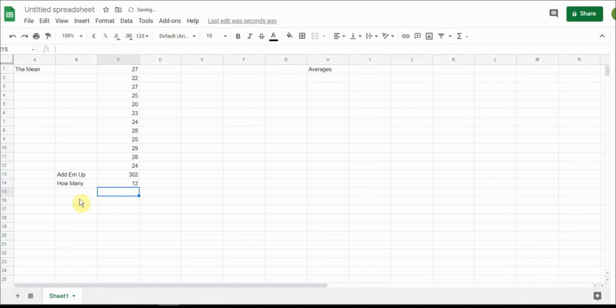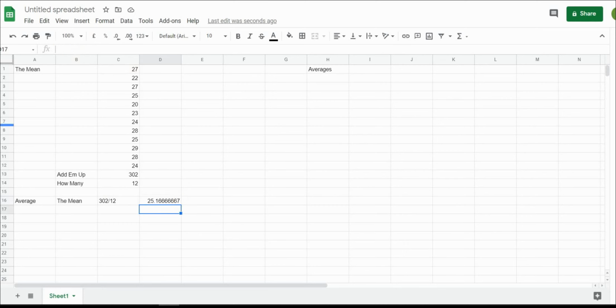Now, average, or what you would have previously called the average in primary school, we're now calling the mean, is 302, and we're going to divide that by 12. 302 divided by 12 is 25.16666.